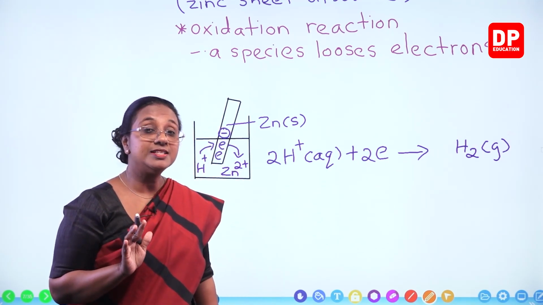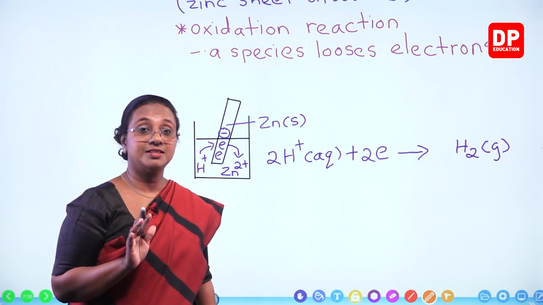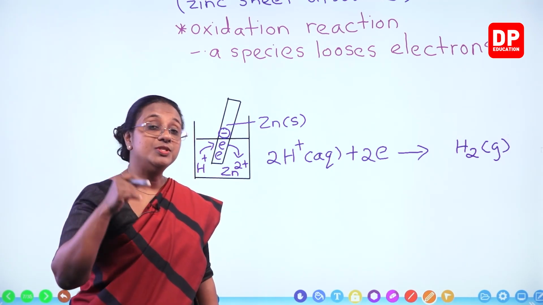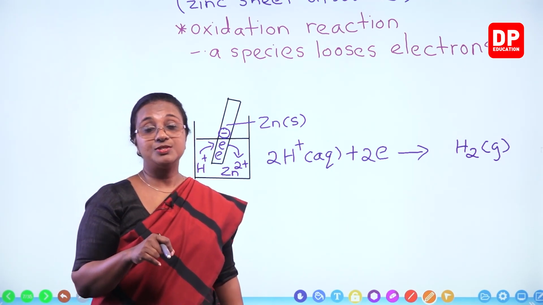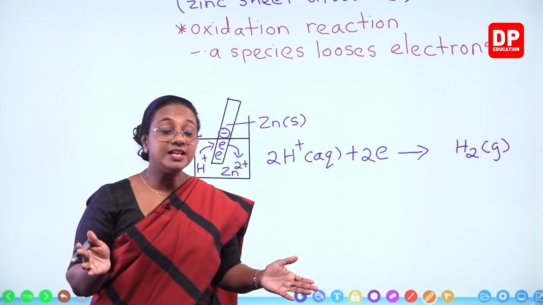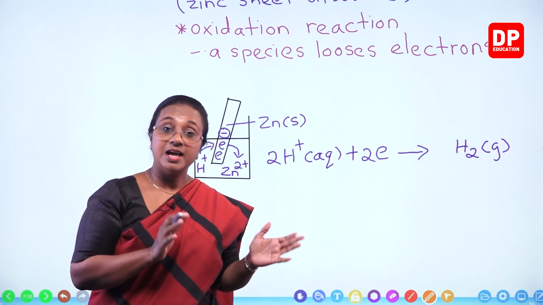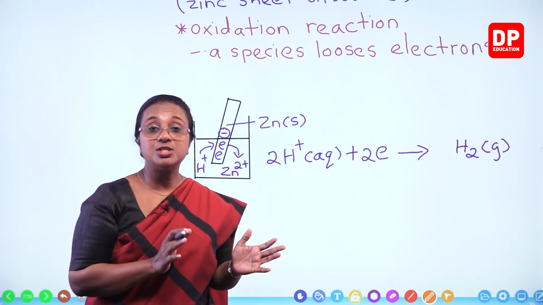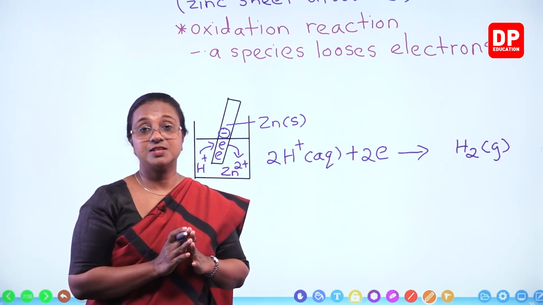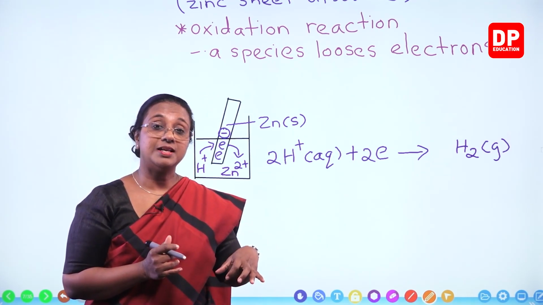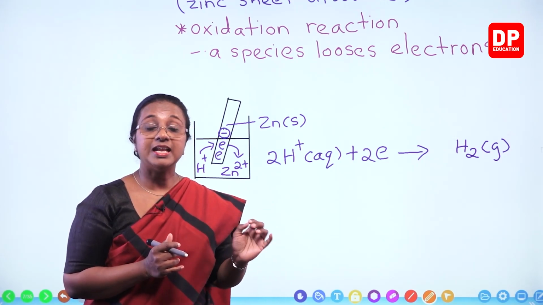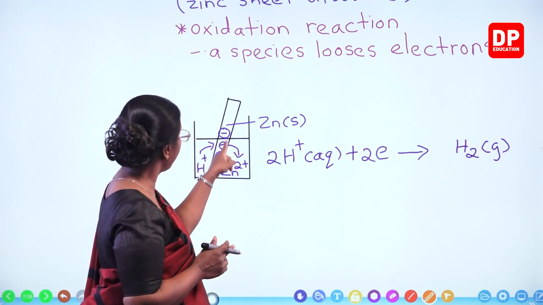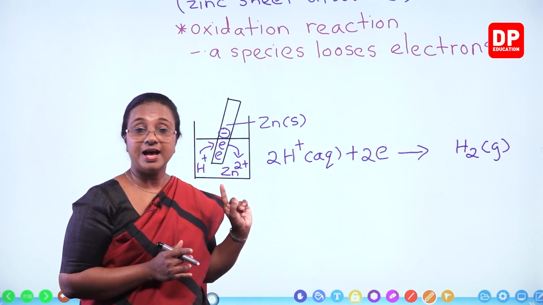Now can you all understand the changes? We put the zinc metal into dilute sulfuric acid. The dilute sulfuric acid is already dissociated into H plus ions and sulfate ions. So as you put the zinc metal, zinc reacts, getting oxidized and forming Zn2 plus ions.